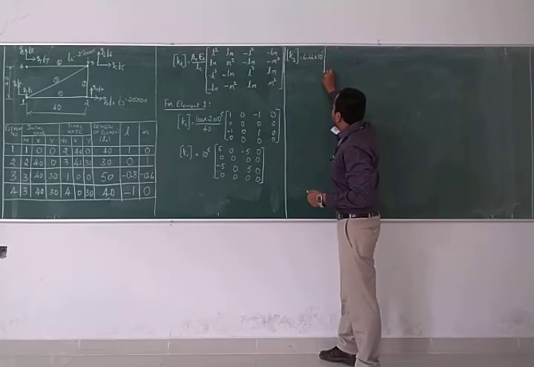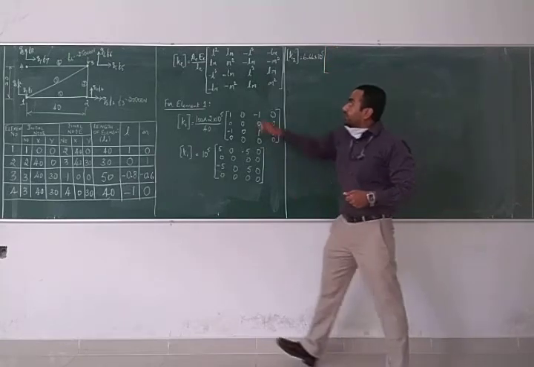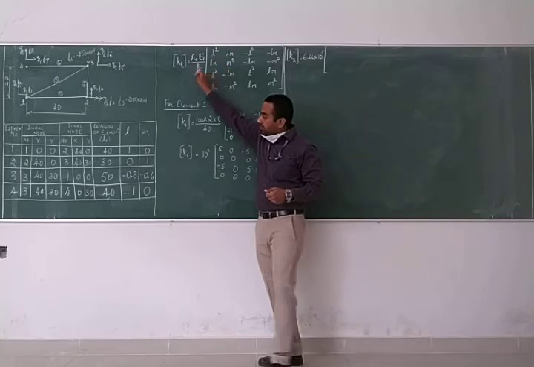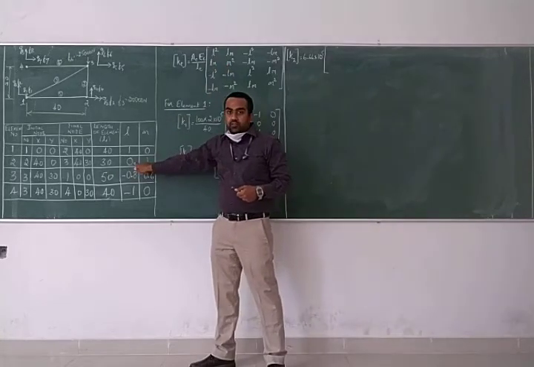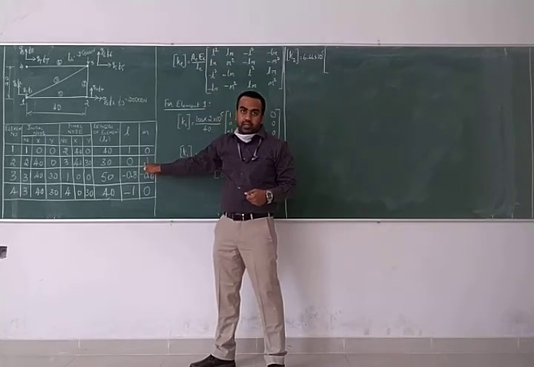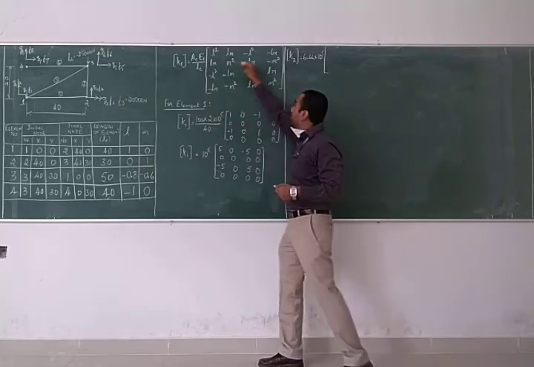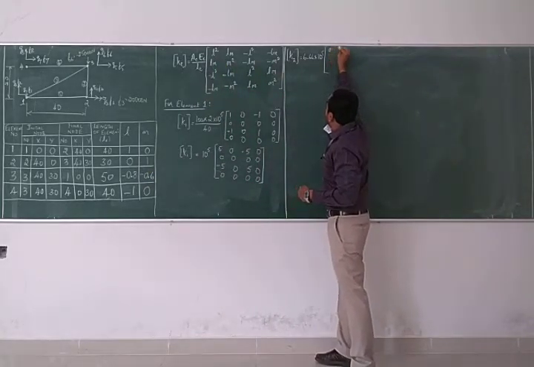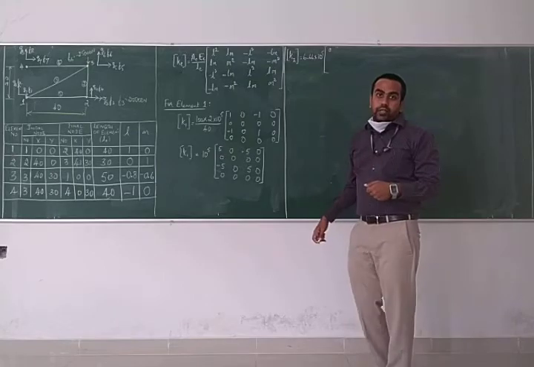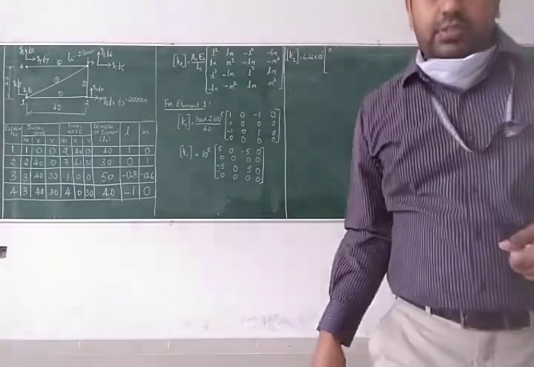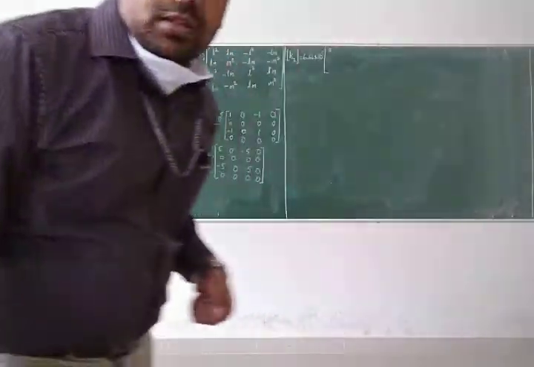Multiplied by L square for the second element. L value is 0, M value is 1 for the second element. So L square is 0. Lm is, check if it is legible, whatever I am writing.